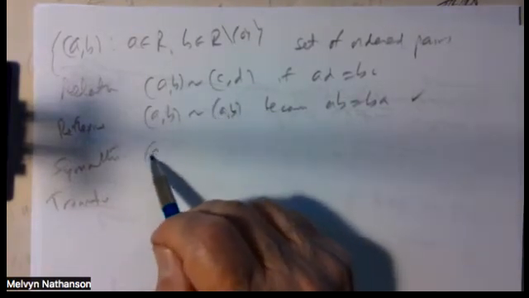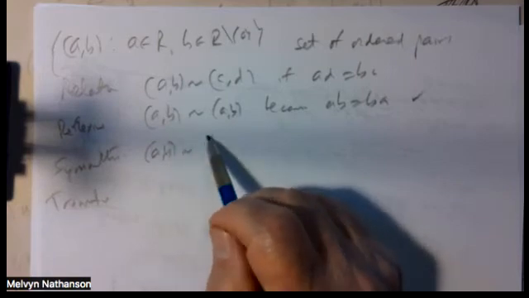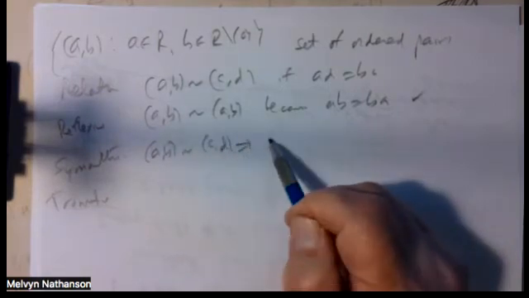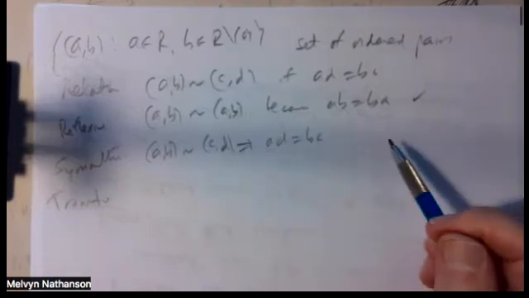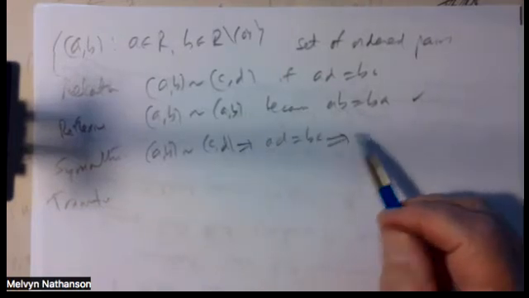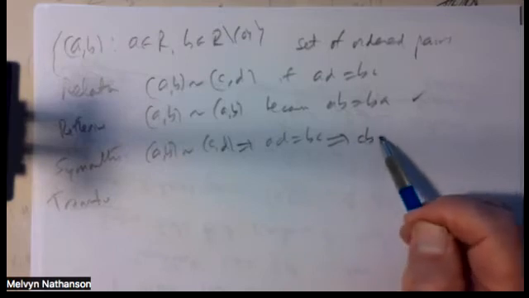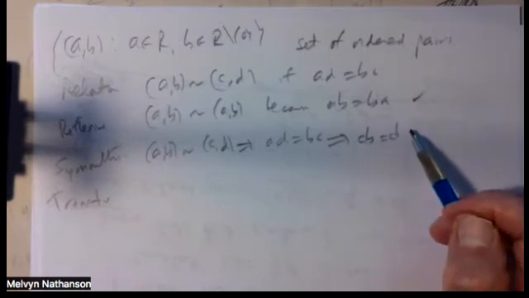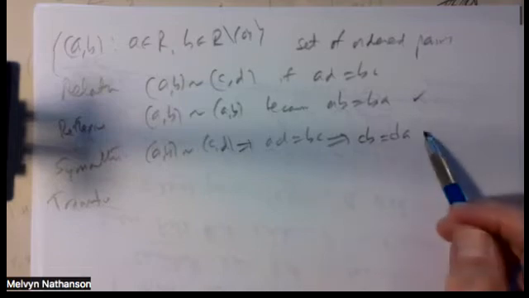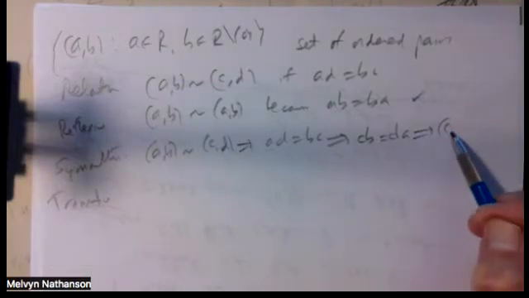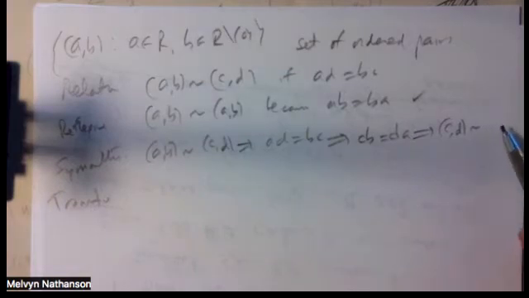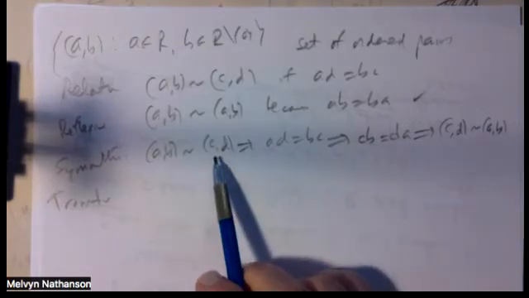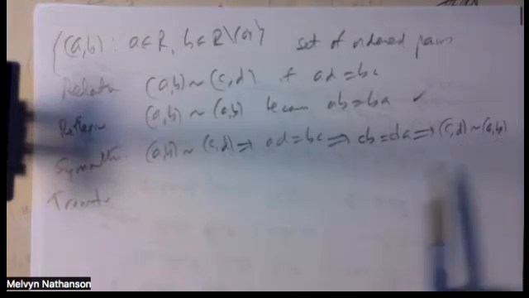If AB is related to CD, that means AD equals BC, which is the same as saying that CB equals DA, which is the same as saying the pair CD is related to the pair AB. So AB related to CD means CD is related to AB.